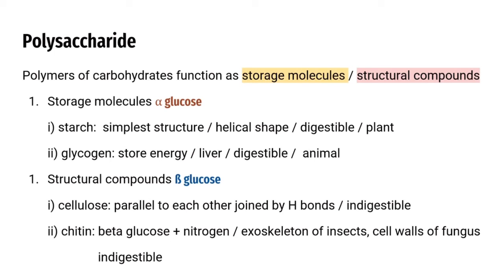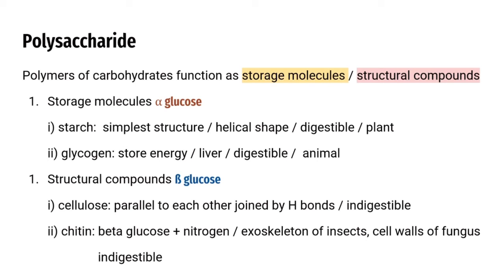Cellulose and chitin function as structural compounds, and cellulose strands are parallel to each other, joined by hydrogen bonds, and they are indigestible. However, there are always exceptions. Cows and termites have cellulose-digesting prokaryotes in their digestive tract, so that would be an exception, and cellulose is the most abundant organic compound on Earth, as plant cell walls are all made of it.